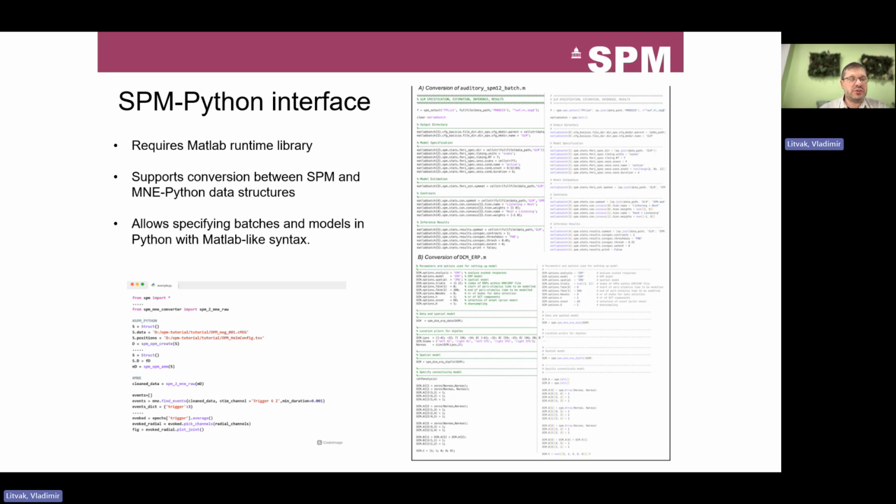So you can write a pipeline which for some steps uses SPM code. It also allows easy transition for SPM users from MATLAB to Python, because they can specify the analysis via batches or model specifications in a way that is very similar to MATLAB syntax. We'll have a special session during our practical day where we'll see a demonstration of this framework.